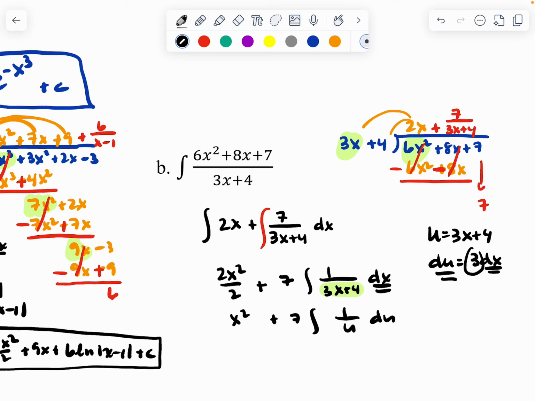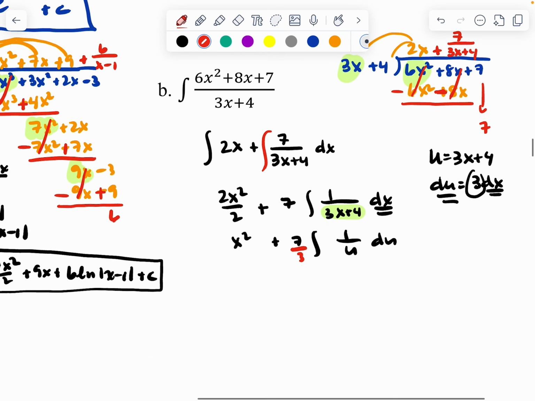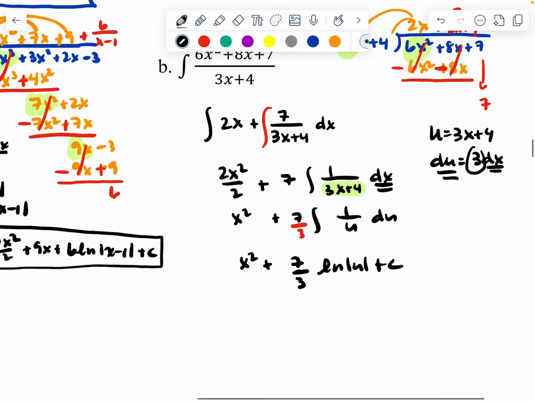And then there's this leftover 3, which means I need to multiply by 1/3 on the outside or just divide by 3, same thing, right? So what's my final answer here? This is going to be x squared plus 7/3. The integral of 1 over u is the ln of absolute value of u plus c. And then changing the u back to what it was in the first place. So 7/3 ln of absolute value of 3x plus 4 plus c.